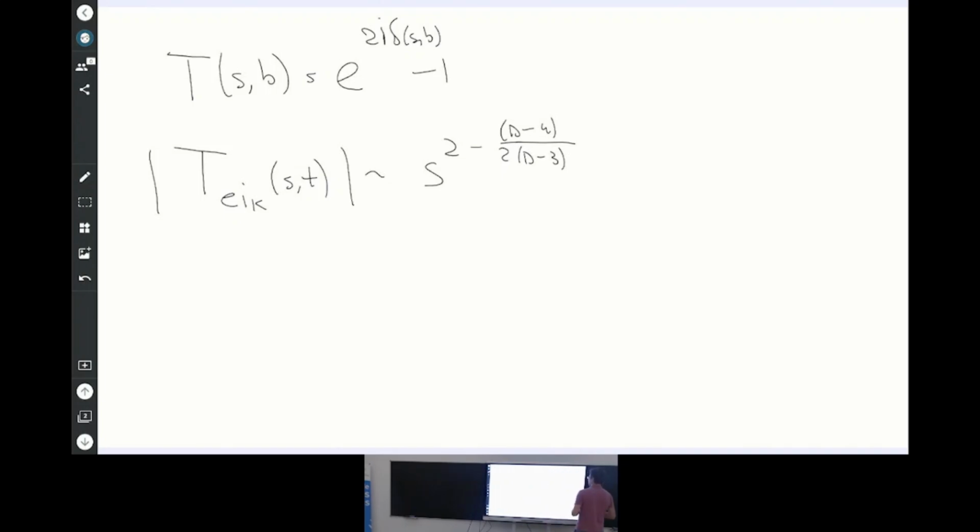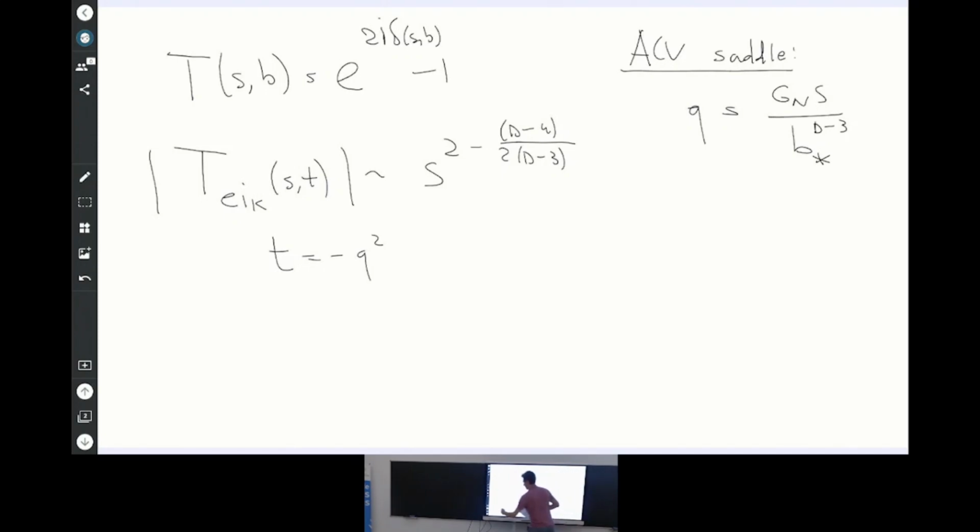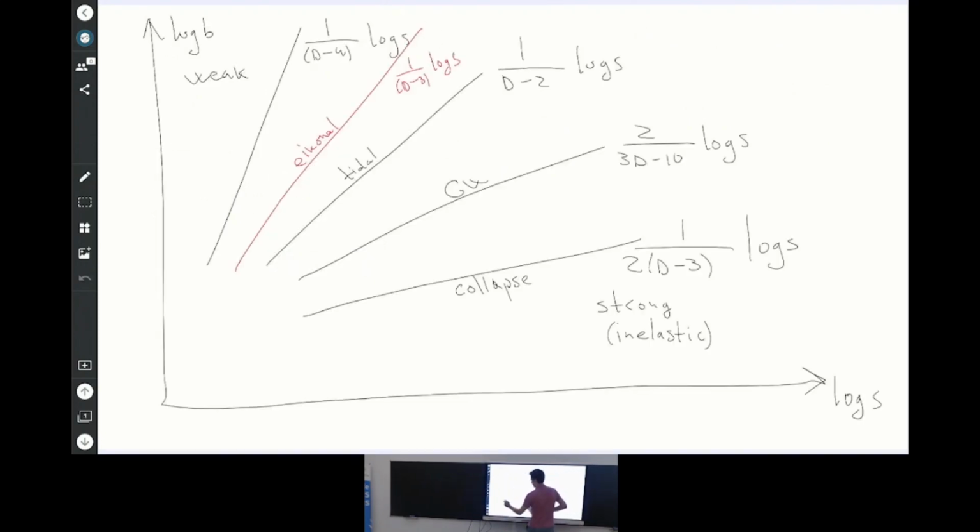And the important point was that this eikonal saddle was located at Q, which is related to T equal minus Q squared, at Q equal G Newton S times B to the d minus 3. So in particular, from this we concluded and conjectured that this eikonal saddle point controls the Regge limit.